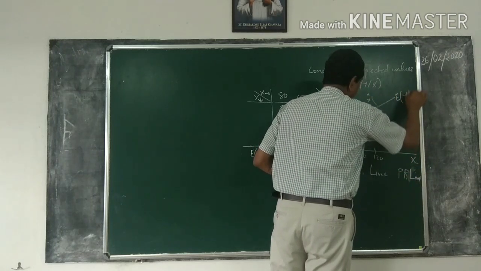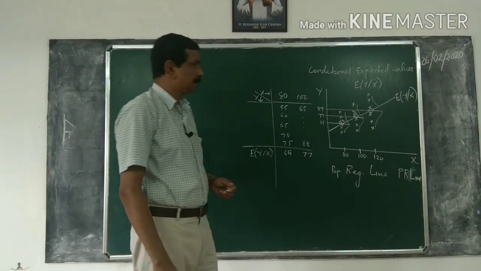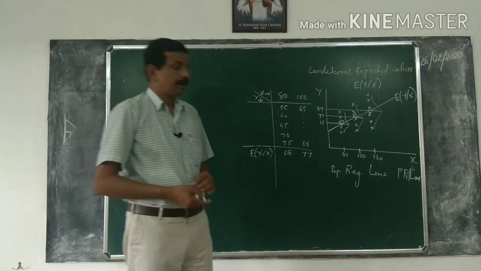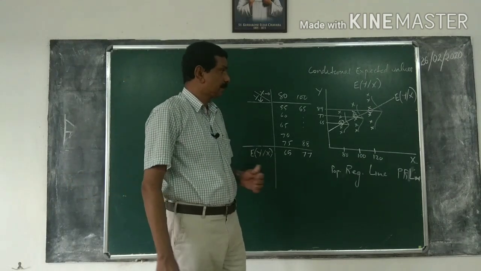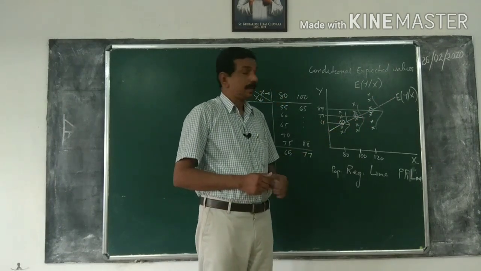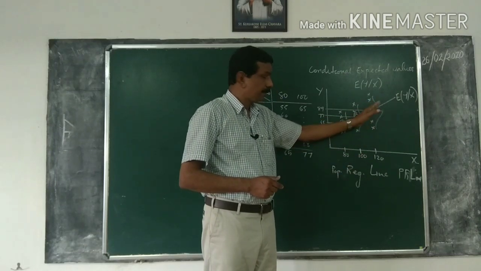Expected y given x is known as the population regression line. So a population regression line is nothing but a line passing through the conditional mean values of the dependent variable y.